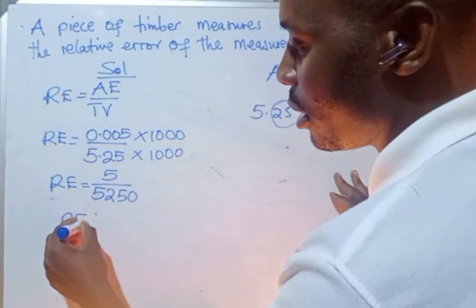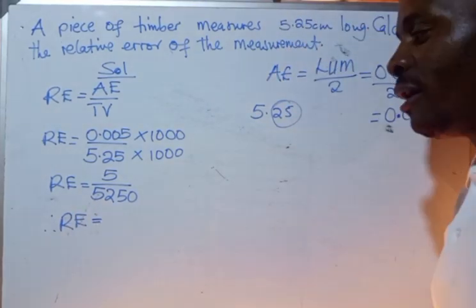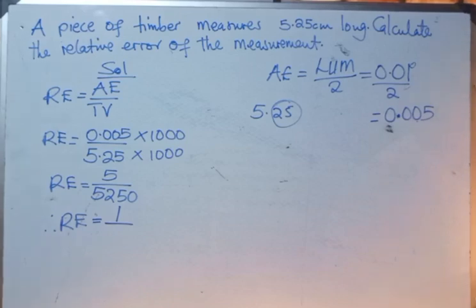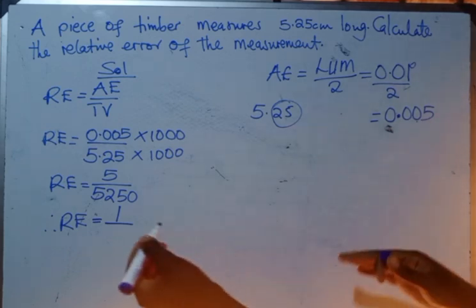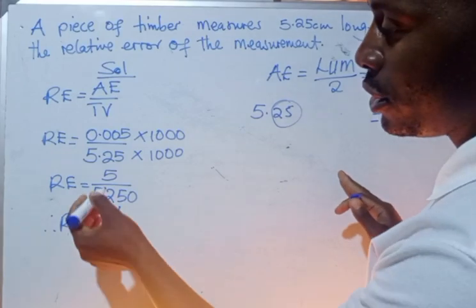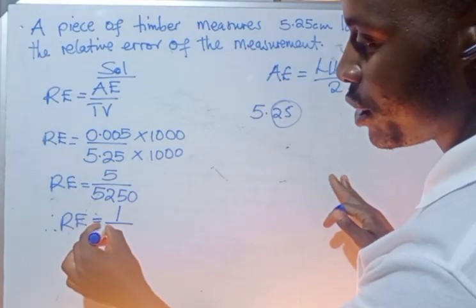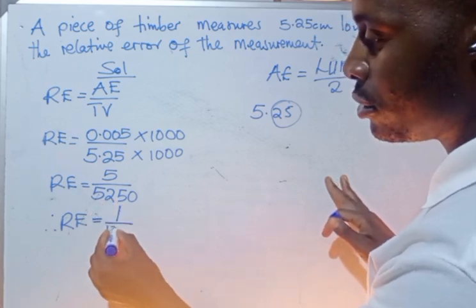Therefore, I think now I can proudly say, 5 into 5, it goes 1. And 5 into 5,250, what do we have? 5 into 5, the answer is 1. 5 into 2, it goes 0.